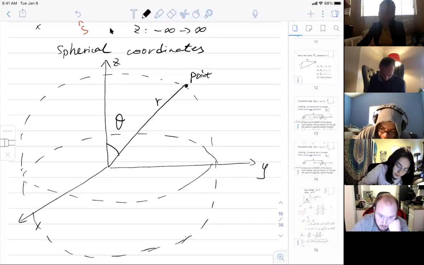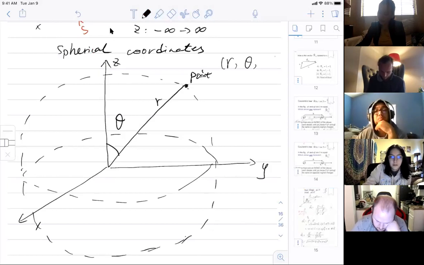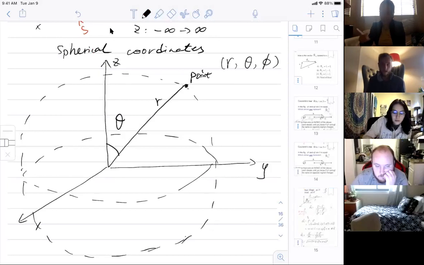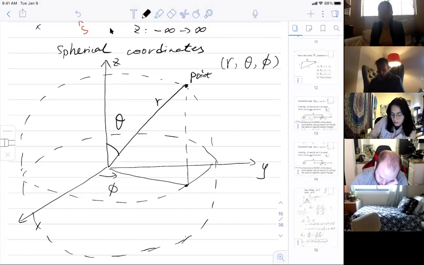What would that third variable be? Phi, yes, very good. If I simply project this point on the XY plane, this projection makes an angle relative to my x-axis, angle phi. So having these three variables, you can decide the location of this point. So now it's also three variables. Instead of x, y, z, now it's r, theta, and phi.